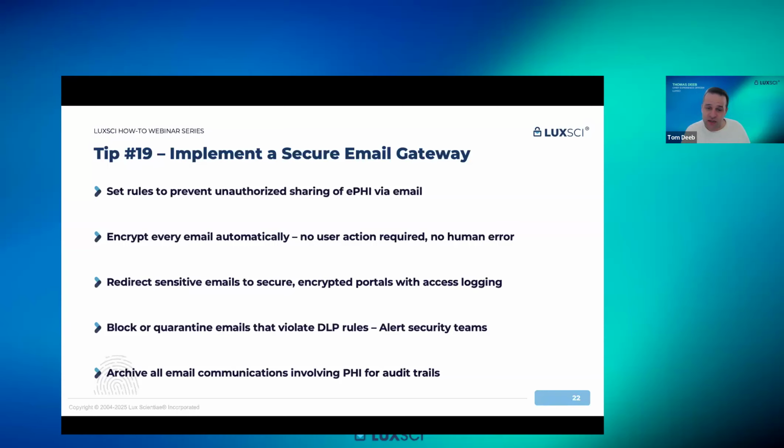Really important, right? When you think about Google, you need to have a gateway in order to be HIPAA compliant. That's a very important piece. With Outlook or Office 365, rather, there are some other options with Microsoft, but a gateway is certainly recommended.